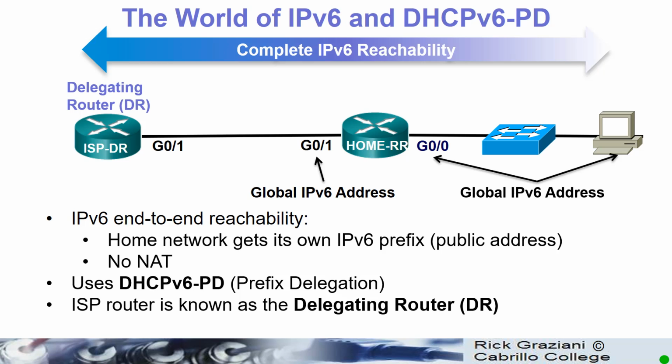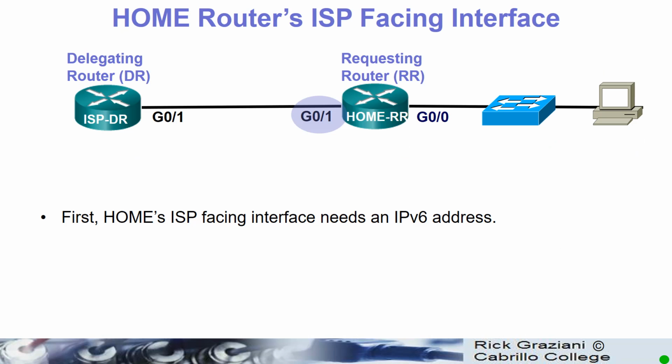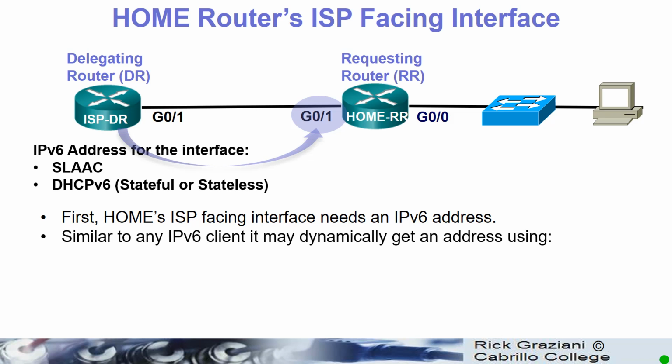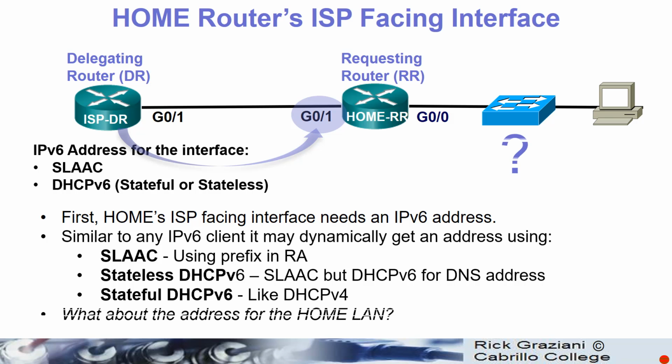An ISP router is known as the delegating router. Our home router will be our requesting router. The home router facing the internet will first need an IPv6 address. It will get it one way from the delegating router, SLAAC or stateless or stateful, somehow it will get it.